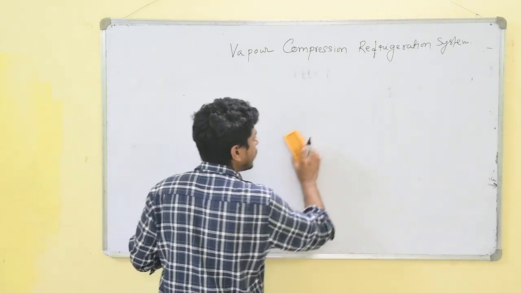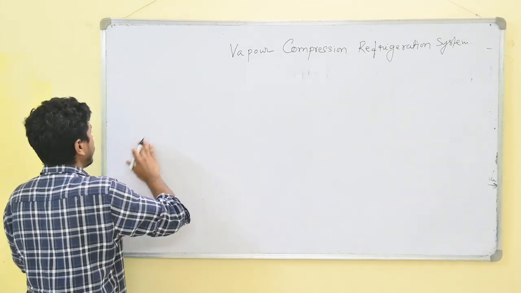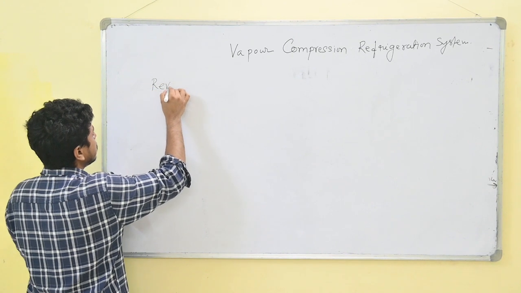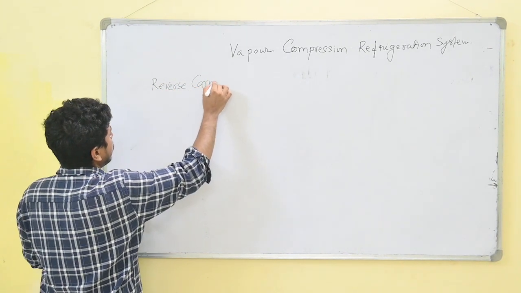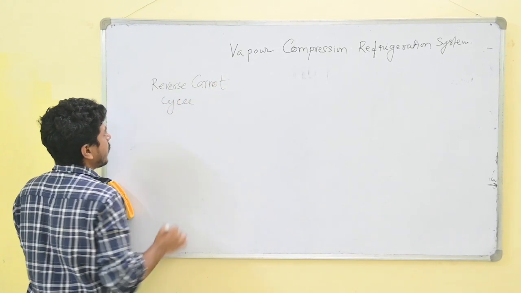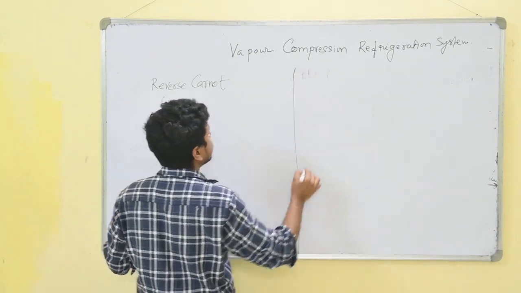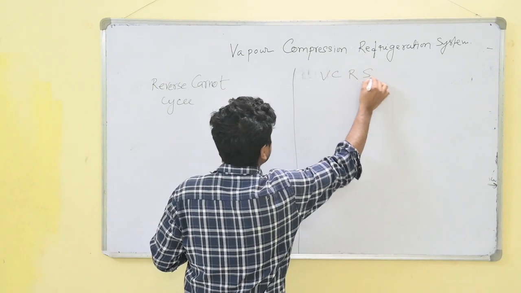Now I compare them. On the left side we write the reverse Carnot cycle, and on the right side the Vapor Compression Refrigeration System.